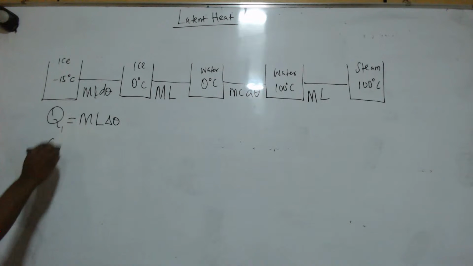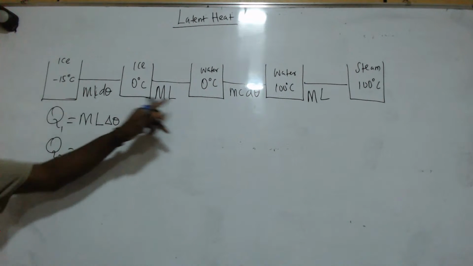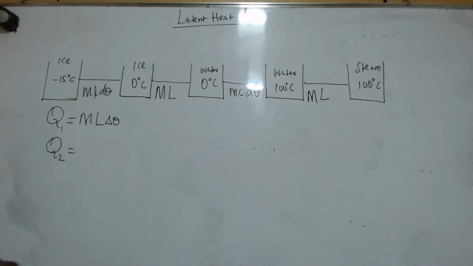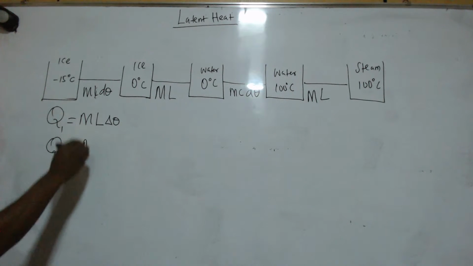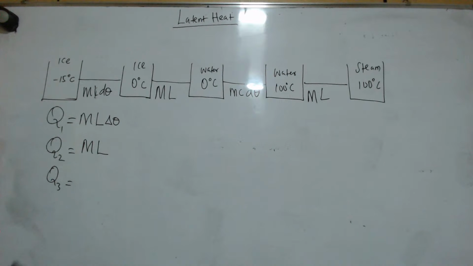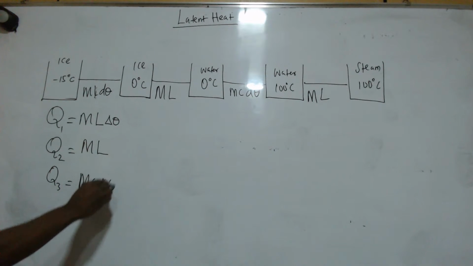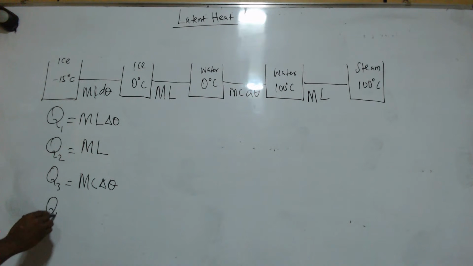For Q2, we will have mass times latent heat of fusion, ML. Then for Q3, we will have mass times specific heat capacity of water times change in temperature, so we have mc delta theta. And then for Q4, we'll have mass times latent heat of vaporization.